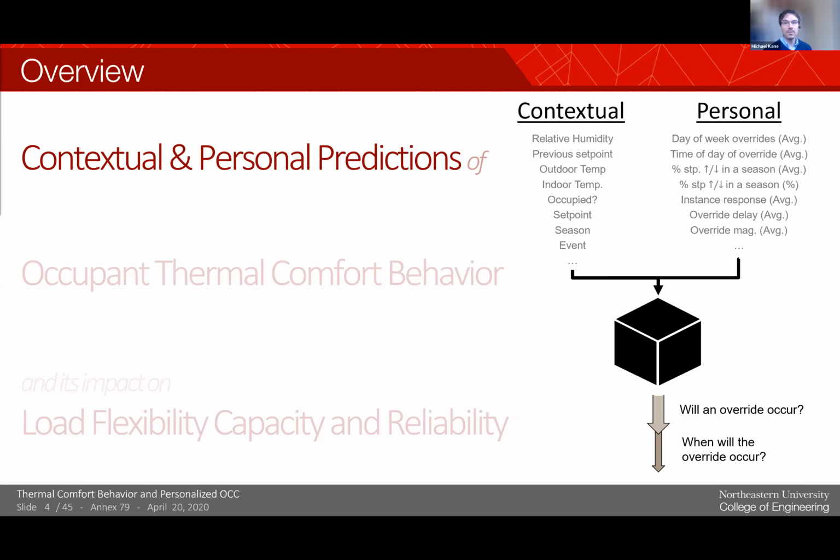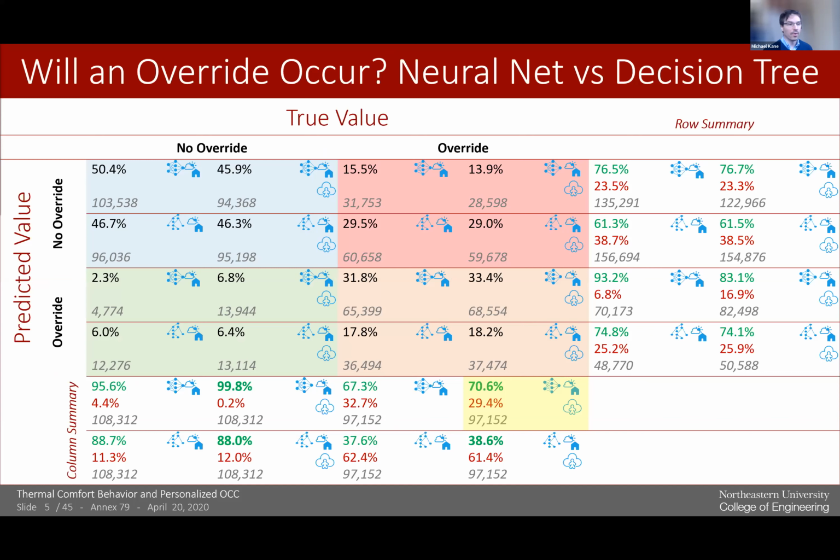From the work of many of you participating in the Annex, we know that occupant behavior is driven by both contextual and personal factors. So can we use observation of these factors to predict if an override will occur, and if so, when? To predict if an override will occur, we tested both a decision tree model and a shallow neural network.